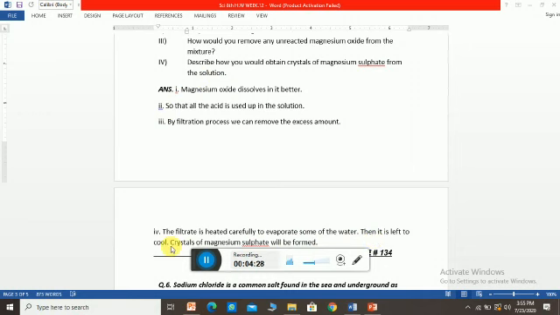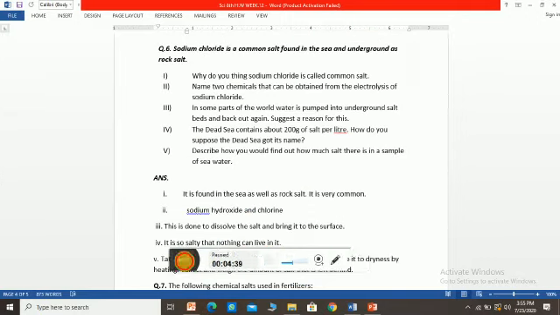Now question number 6. Sodium chloride is a common salt found in the sea and underground as rock salt. We already know about that. Now the first question: why is sodium chloride called common salt? Because it is found in the sea as well as in rock salt. That's why it's very common.